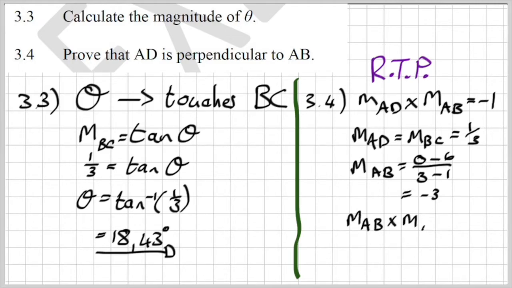On the left-hand side of what I want to prove, -3 is the gradient of AB. If I multiply that by the gradient of AD, which is 1/3, I get -1. That is exactly what I wanted to prove. And hence, AB is perpendicular to AD.